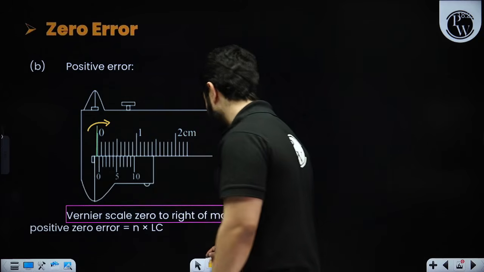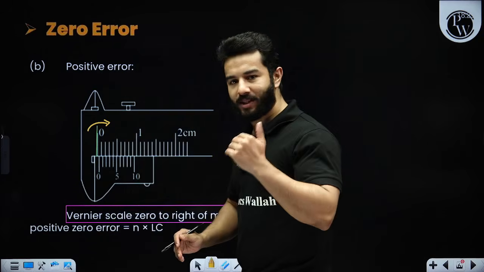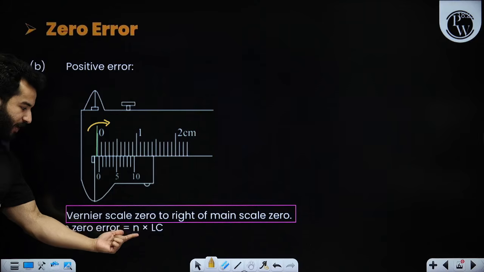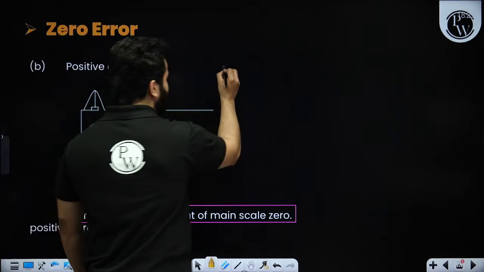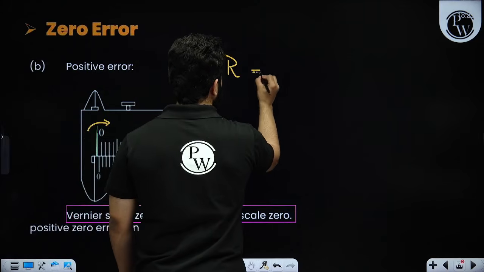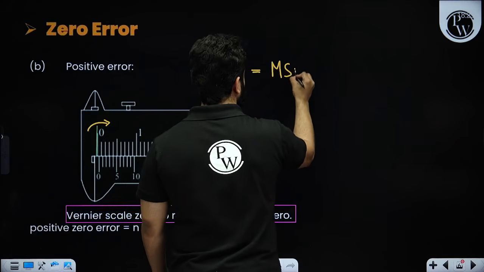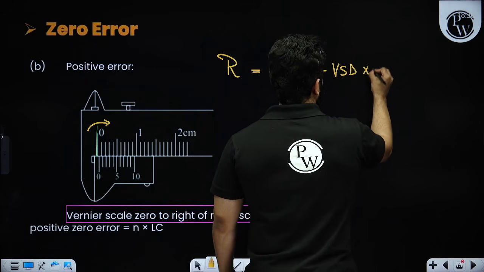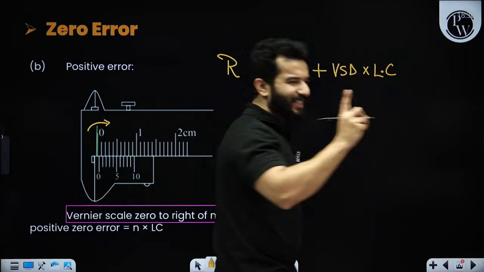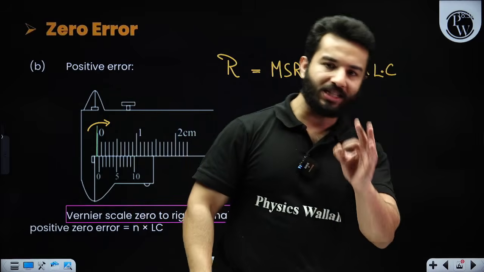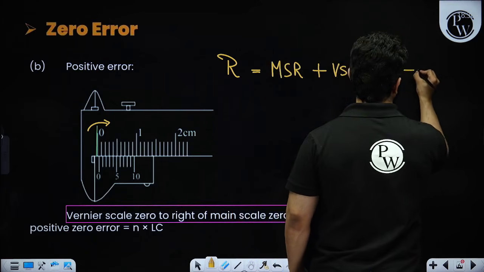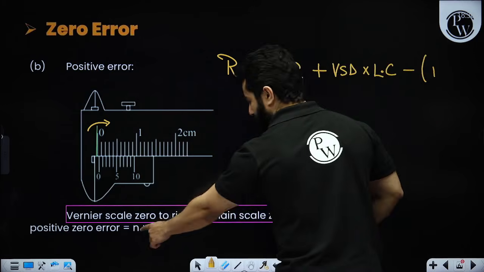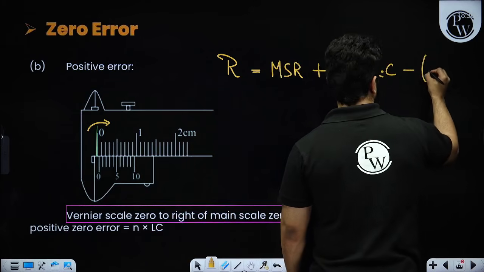In that case, my dear friends, always remember that for the final reading, first of all, find out the positive zero error, it will be n times least count, and in this case the reading will be given as main scale reading plus Vernier scale division multiplied by least count, and always remember errors are always subtracted. That means minus that positive error, and we are going to write it as n multiplied by least count.